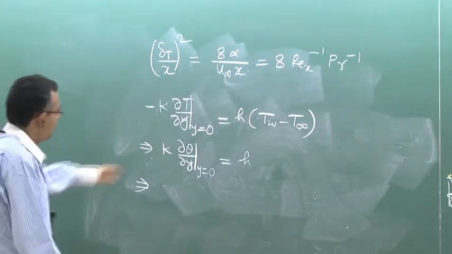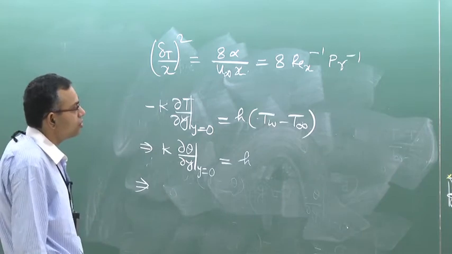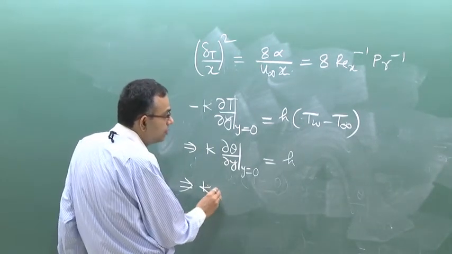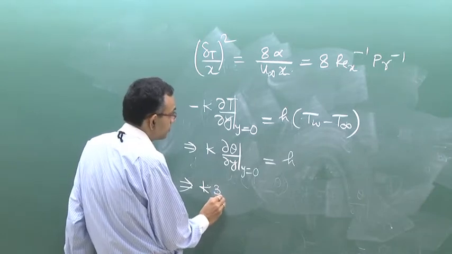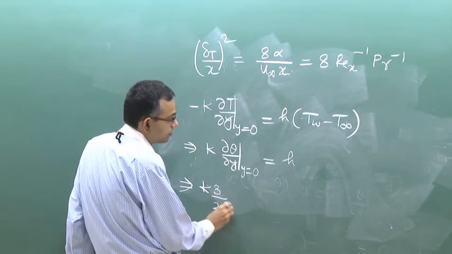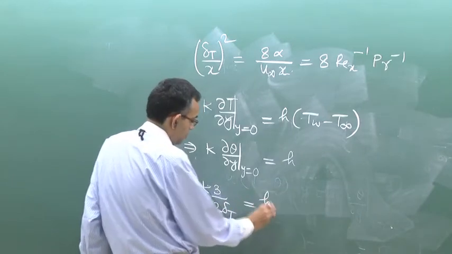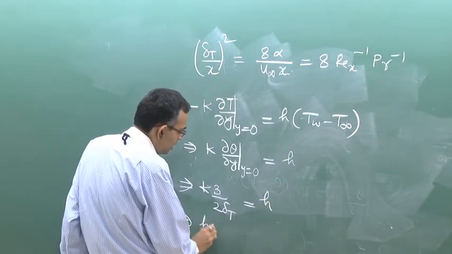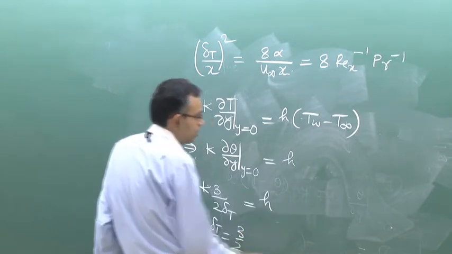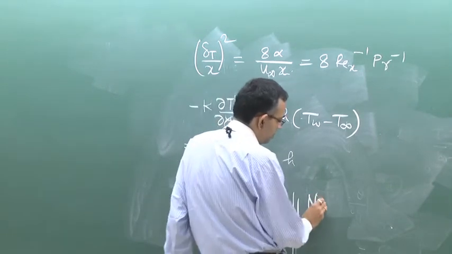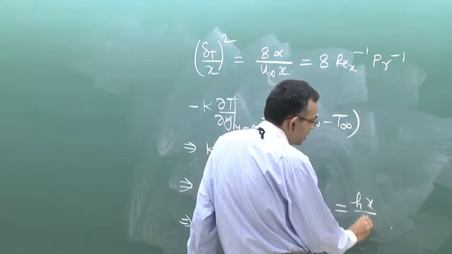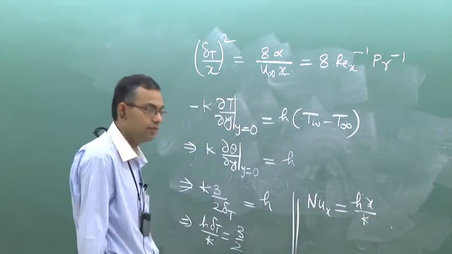So k del theta del y at y is equal to 0 is, this means h delta t by k is equal to 3 by 2. Now what is required is Nusselt number, that is h x by k, Nusselt number at x.